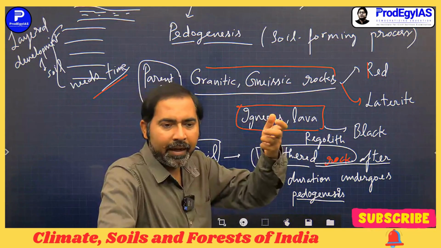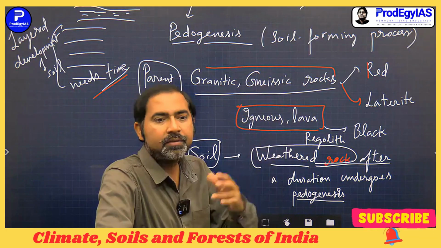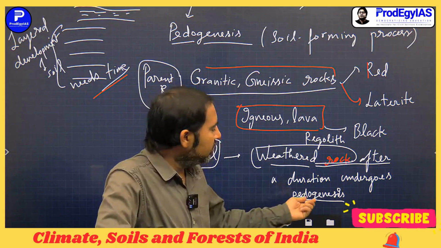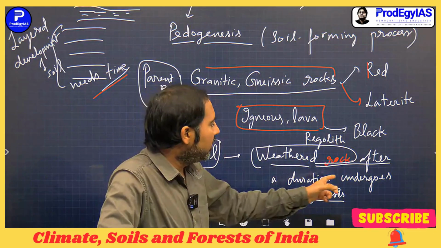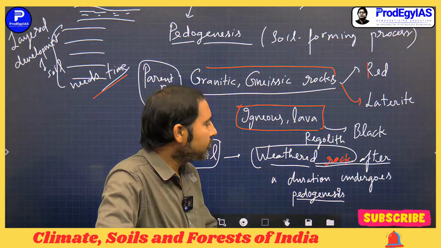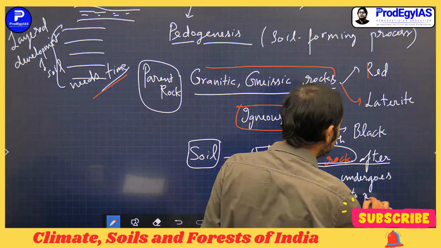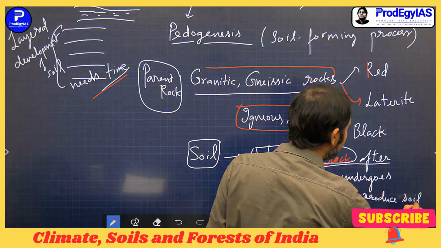Different alkaline minerals go up and down in the different horizons, and different horizons develop in that way. So that is all the pedogenesis process. So weathered rock material after a duration undergoes pedogenesis to produce soil. That is true soil.